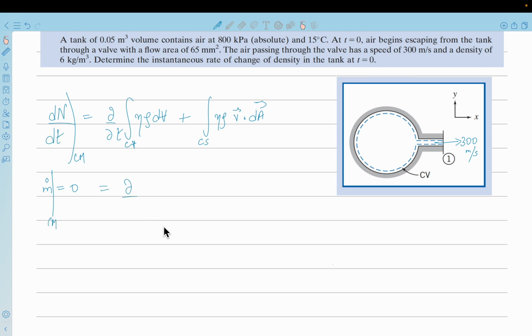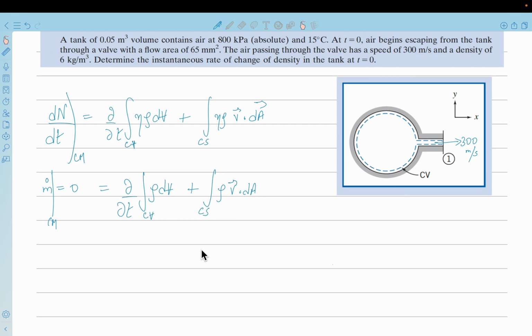And if I am talking about mass, then what happens to this equation? Eta is 1, as we discussed earlier. So ∂/∂t of the integral of ρ dV plus the integral of ρ v dot dA.